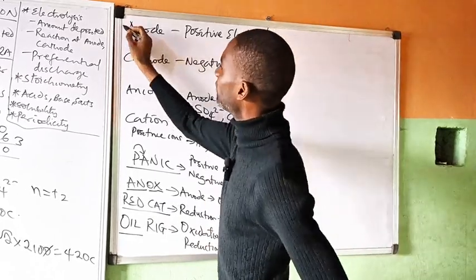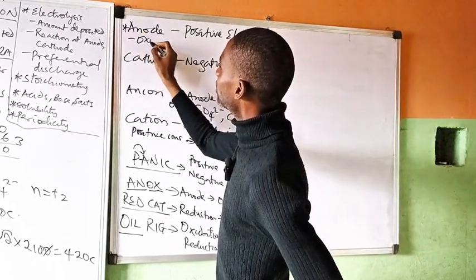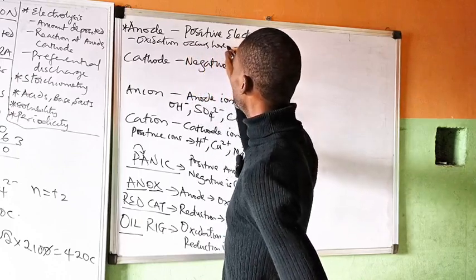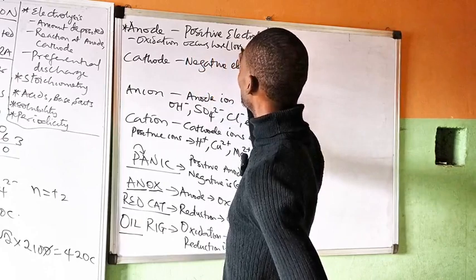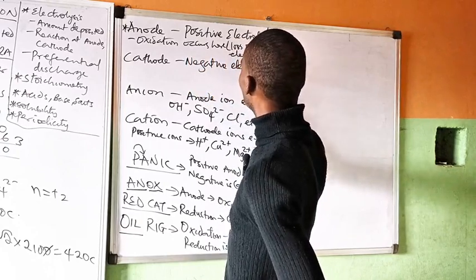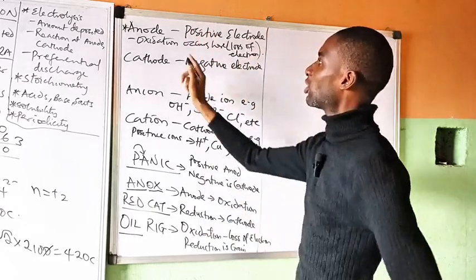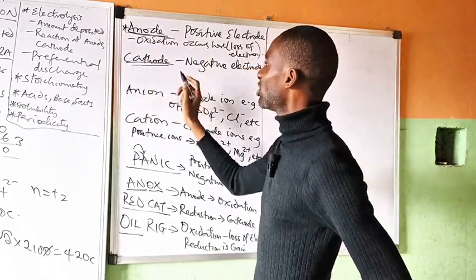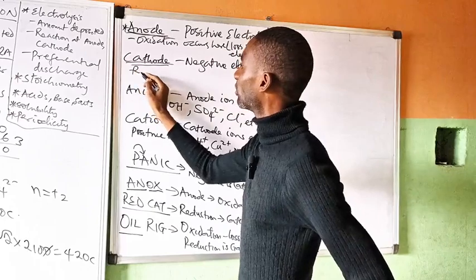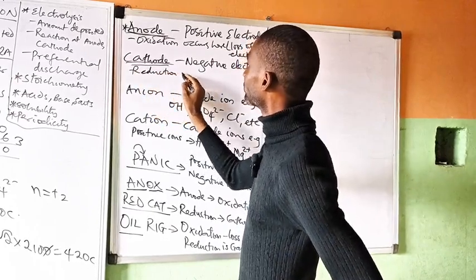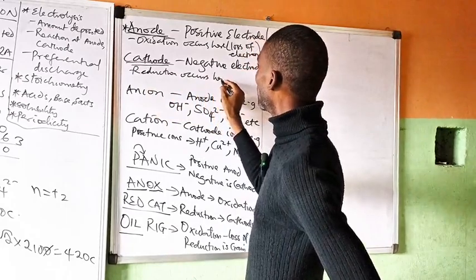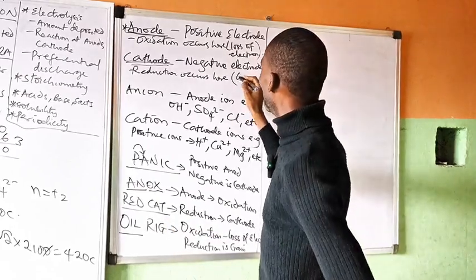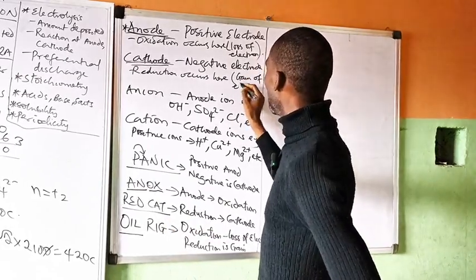So for this anode I'll say oxidation occurs here, which is loss of electrons. If they ask you to define or talk about the anode, they want to know what happens there. While at the cathode, reduction occurs here. And what is that reduction? Reduction is gaining of electrons.